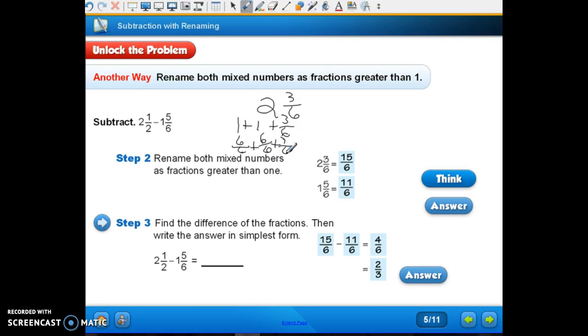And that gets me 15/6 when I add this. If I take my 1 5/6, I change my 1 into 6/6 plus 5/6, I get 11/6. And when I subtract those, I get 4/6, which can be simplified to 2/3. So again, we got the answer of 2/3.